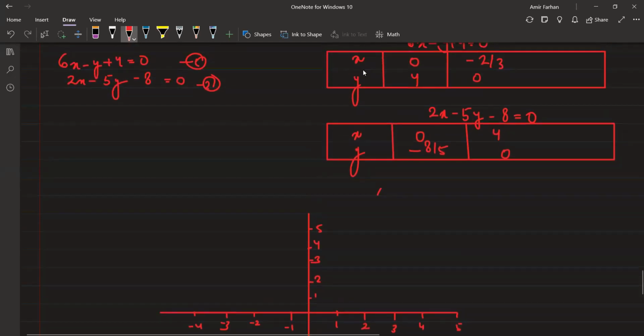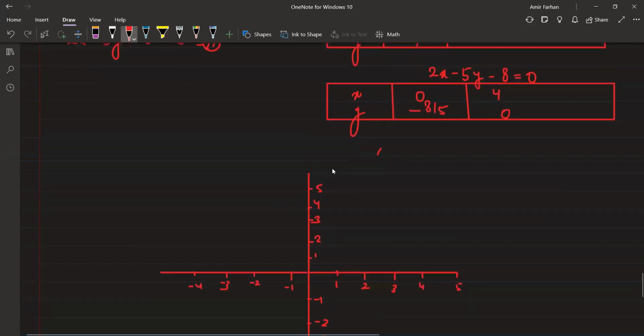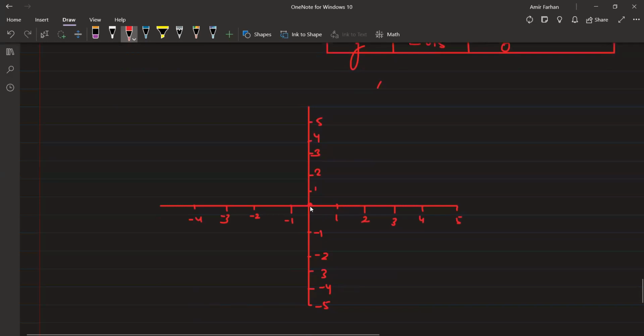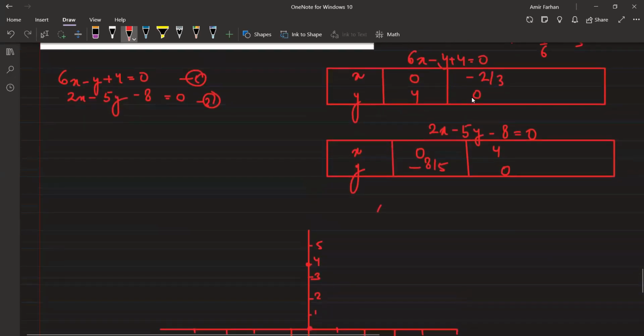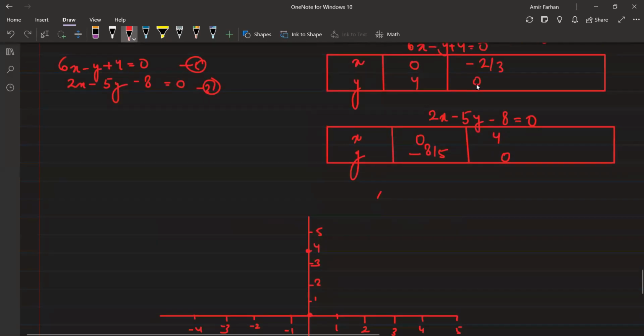So now tell me, the value of x is 0 and y is 4. This is our first point of this line. The value of y is 0, but x is minus 2 by 3. So minus 2 by 3 would be around 0.66. Yes or no? If you divide 2 by 3, you will get 0.66.